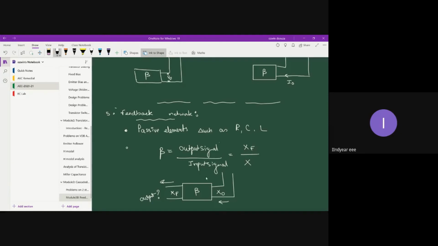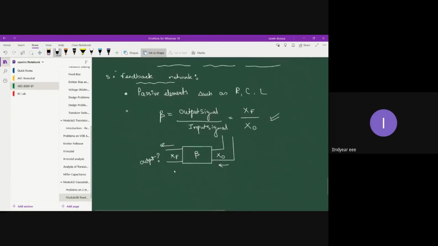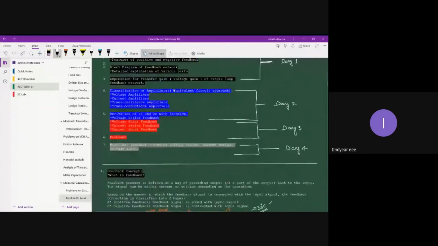That is xf. And what is the input to the feedback block? The input is coming from the amplifier output, so x0. So xf by x0 is the gain of the feedback network. About the feedback network, we are not going to study in detail, because we are going to study it in depth in module 4, in the oscillators chapter. So that's your block diagram of the feedback network.